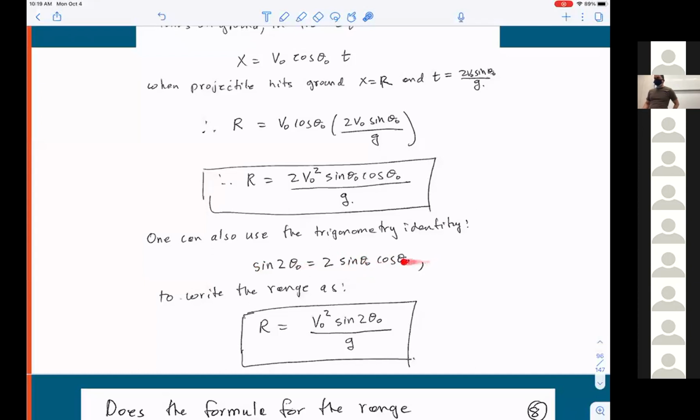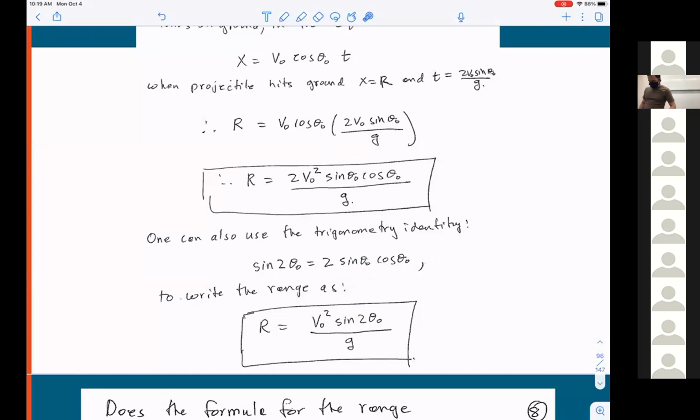This is sort of a fact of life. So often people will take the 2 sine theta cosine theta and write it as sine of 2 theta. So this is often a more convenient way of writing the range formula. Questions on that?